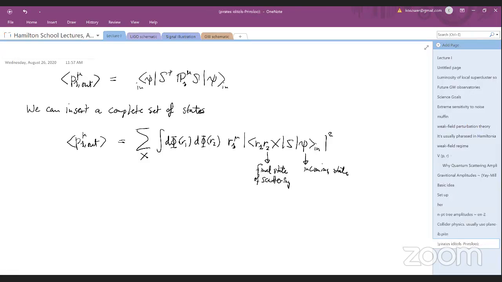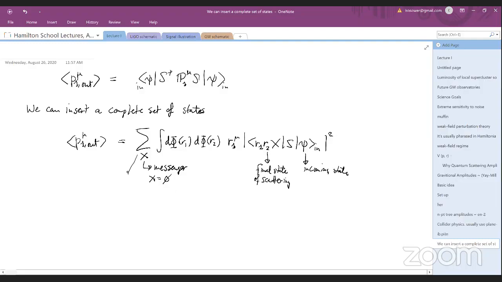And of course, we have to sum over all possible number of messengers. So if we're doing QED, it would be photons. If we're doing gravity, it would be gravitons. And of course, it also includes there being nothing beyond the two incoming particles.